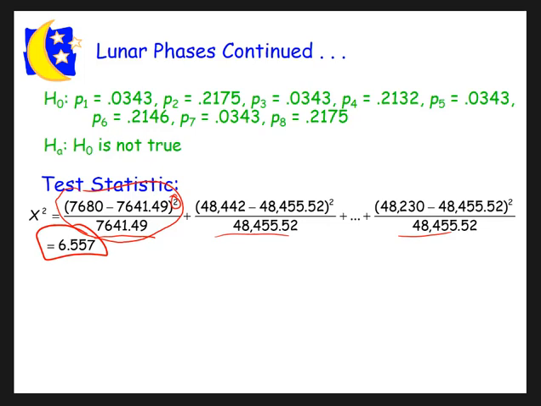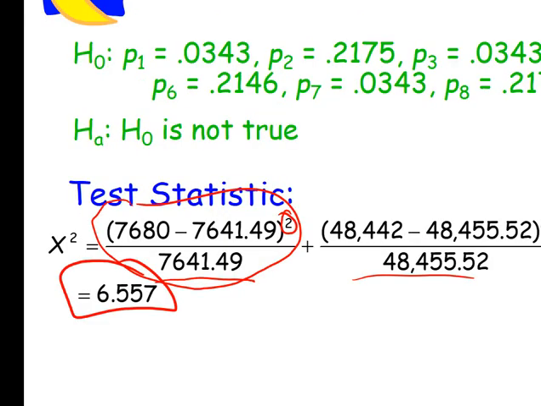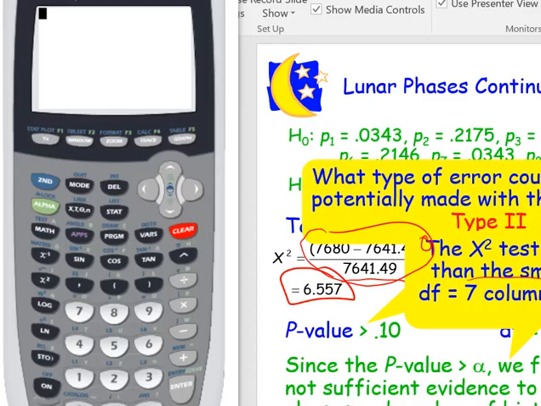Now I should show you that calculation here quick. So what we would do is parentheses here, 7,680 minus 7,641.46, close the parentheses, squared, divided by that expected value, 7,641.46.